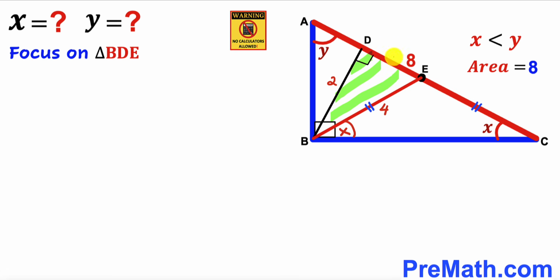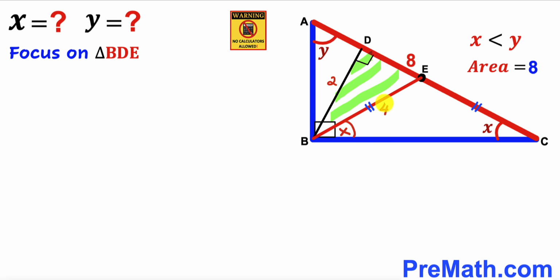Now let's focus on right triangle BDE. BE is the hypotenuse of triangle BDE, which is 4 units, and the other leg BD is 2 units.